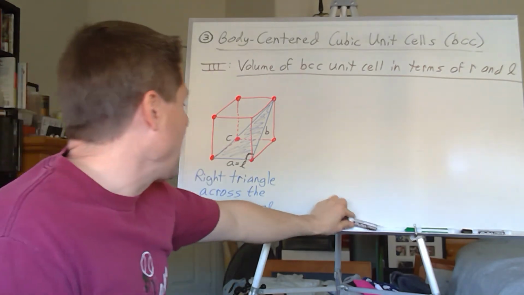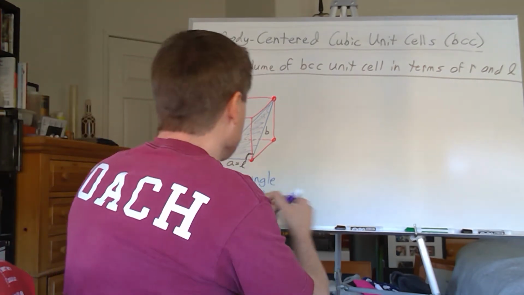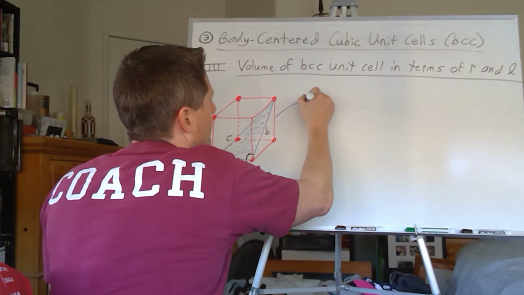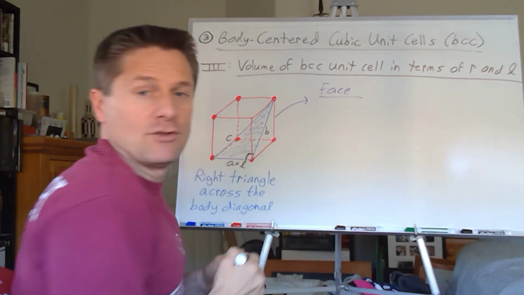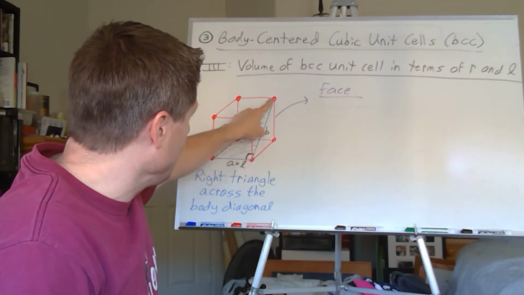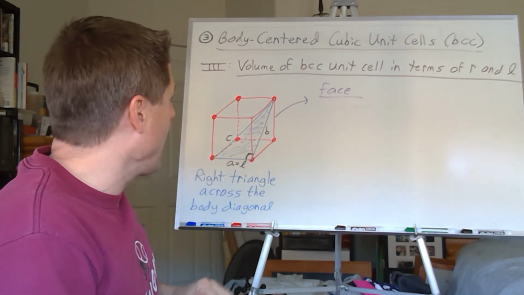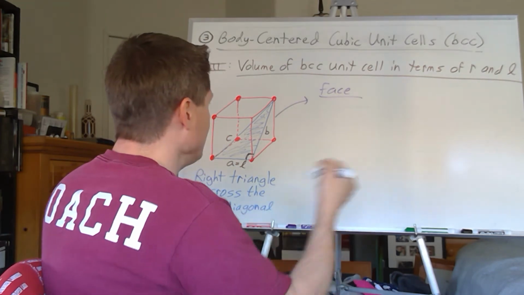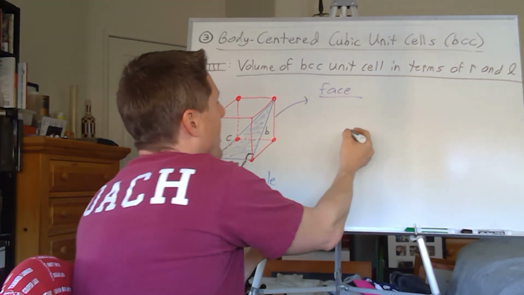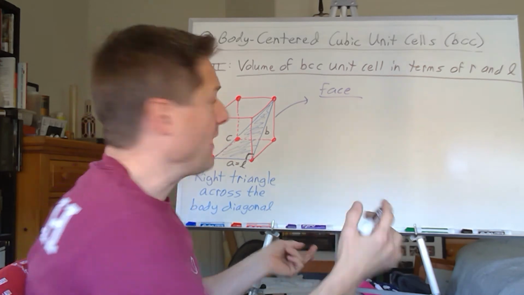Let's look at the face diagonal first. So let's bring this over. Let's look at the face, and let's see if we can figure out what B is. You ready? So let's do this triangle right here. Okay, let's draw the face.